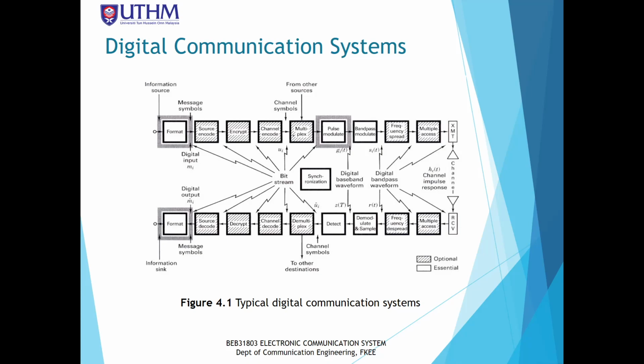So this is the transmitter and receiver system for digital. This picture is taken from Bernard Sklar's Digital Communication System book, which is used by the students who will take the subject of digital comm.